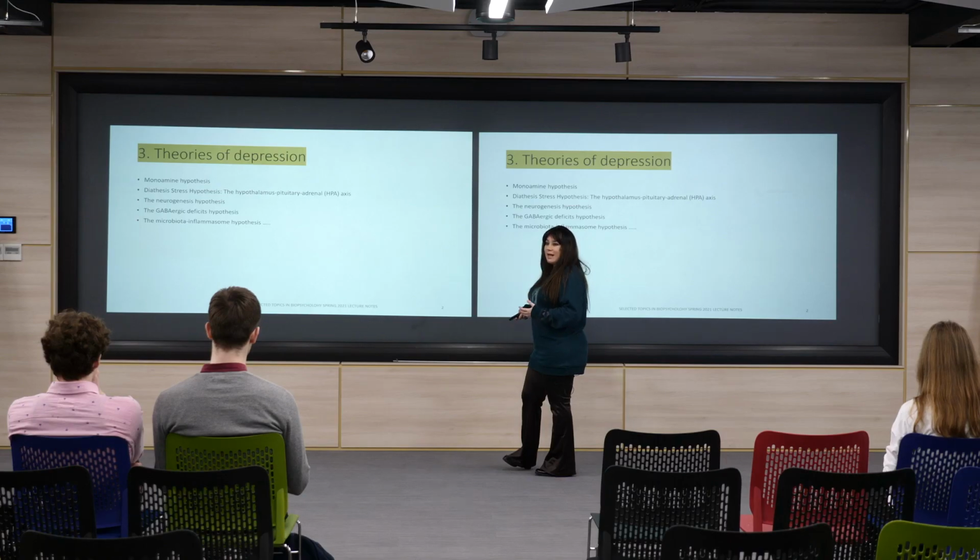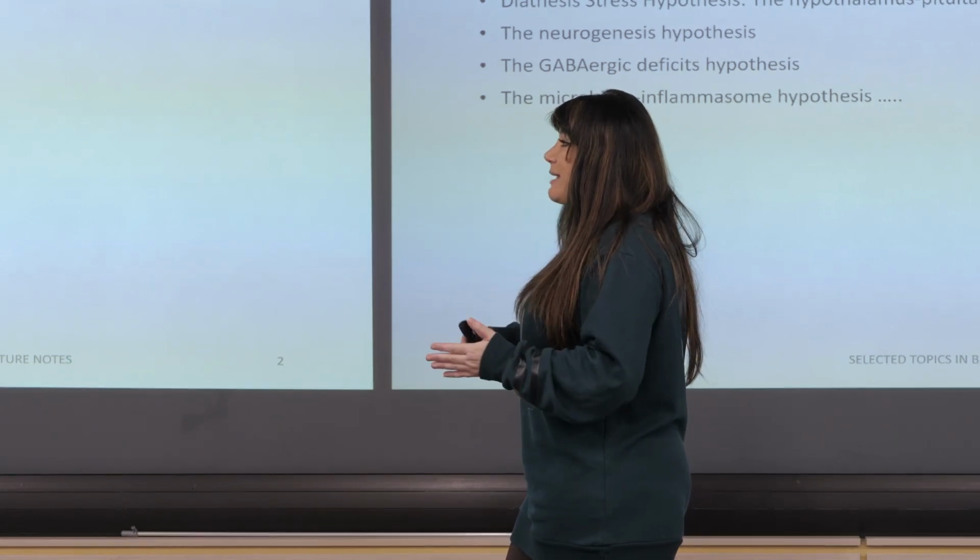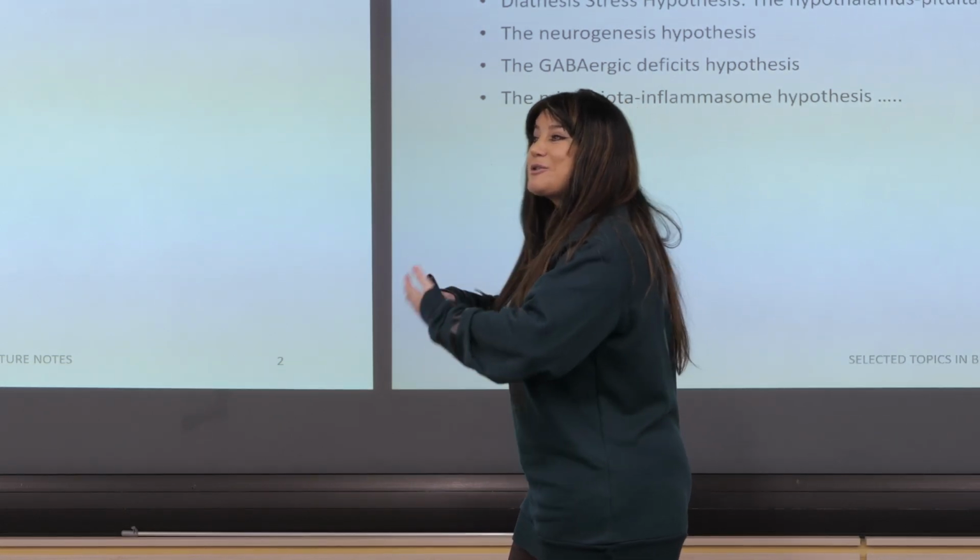These theories will help you further understand the effect of different mechanisms, but also it will be important for you to see how the scientific process works itself. So maybe in the context of depression, maybe in the context of something else, it doesn't matter. Science is all about falsification.